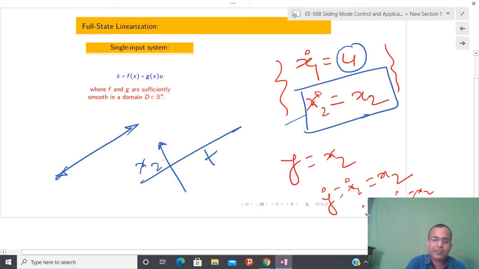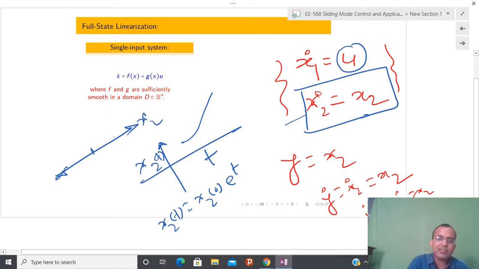I will show both geometrically and as e power t. If you start from here, you are going to blow up. x2 is one dimensional, and x2 dot is positive, so I am going to diverge. Even if it is negative, you are going to diverge. So this class of system is unstable.